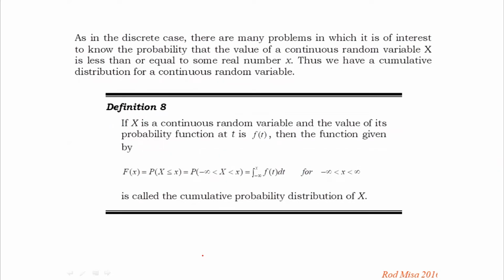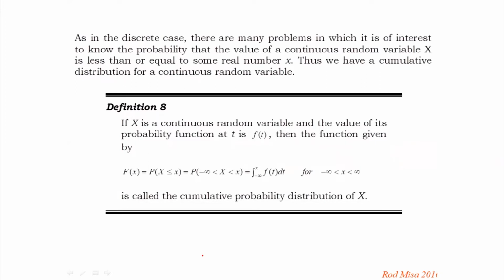If the random variable x is a continuous random variable and the value of its probability function at t is small f of t, then the function given by the big F of x, which is the cumulative distribution function, is equal to the probability of the random variable whose values is less than or equal to the small x.